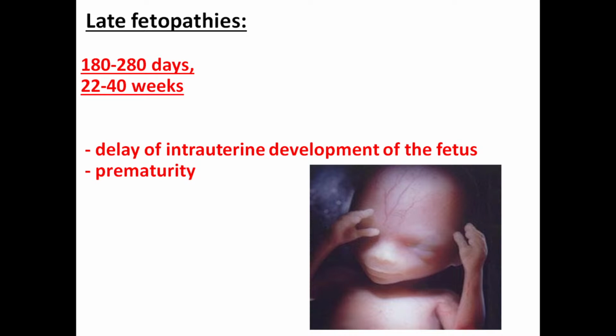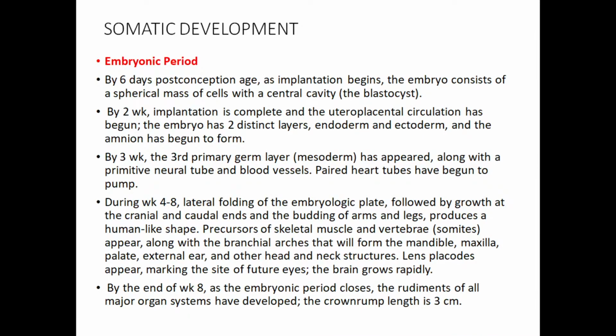Some dangerous factors can cause not only prematurity or delaying of intrauterine development, but also hypertrophy, during the 20 to 40 weeks of gestation. Okay. Once again, somatic development, embryonic period.